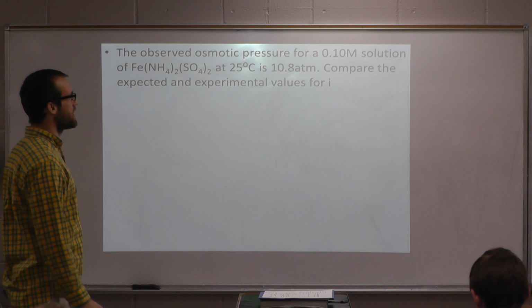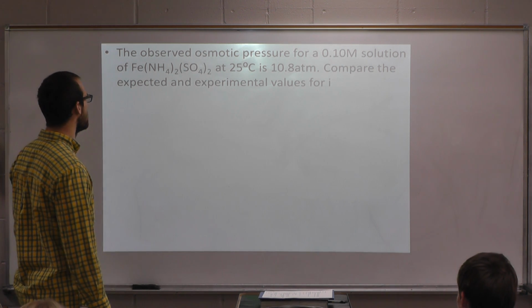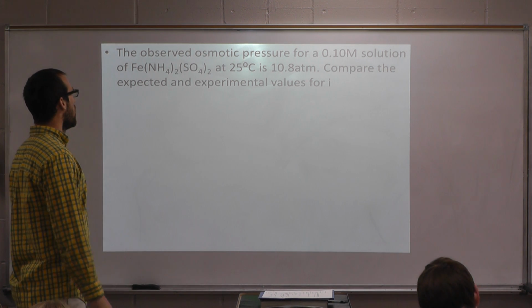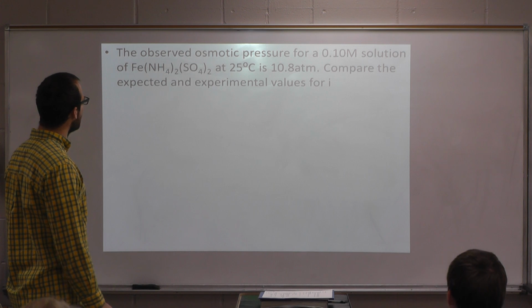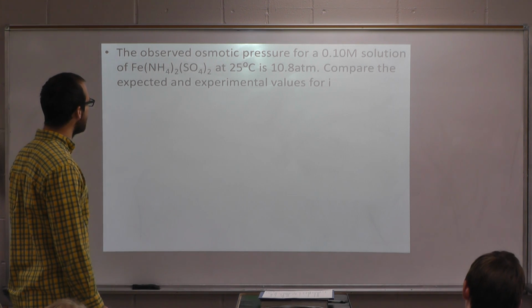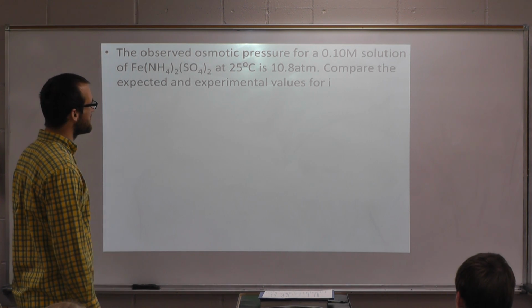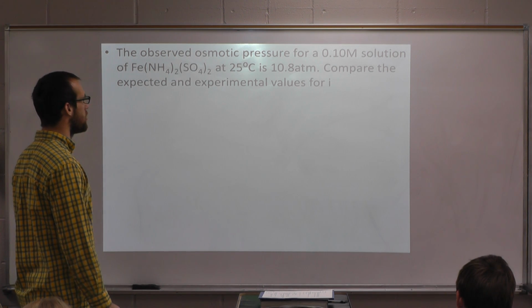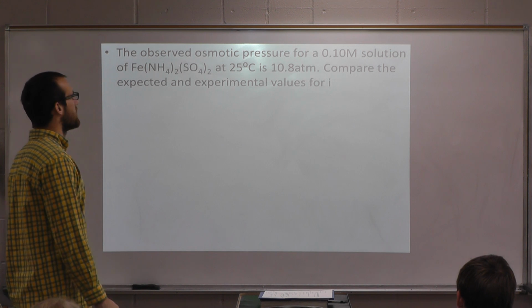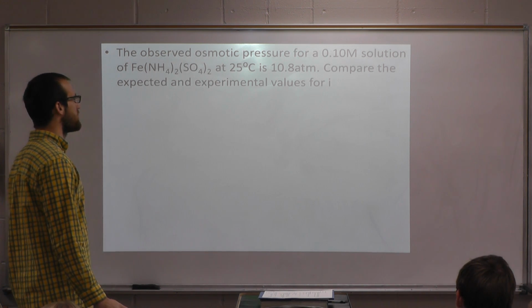The observed osmotic pressure for a 0.1 solution of ferric ammonium sulfate, I don't even know how you'd say that, at 25 degrees Celsius is 10.8 atmospheres. Compare the expected and experimental values for i.